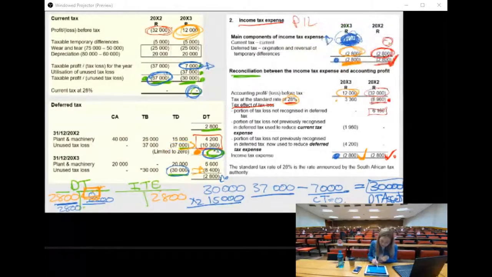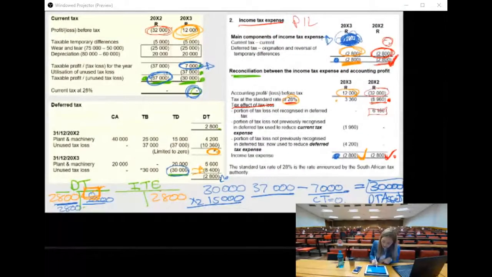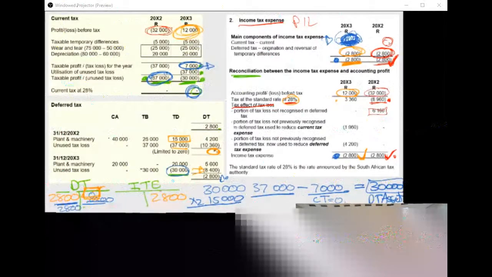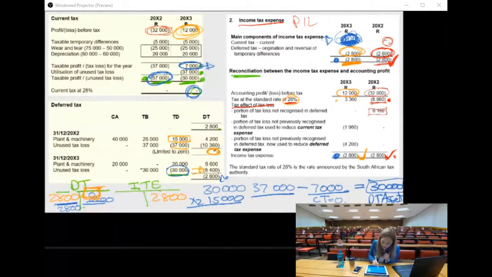If we look at what happened in X2, you see that in order to get to this closing balance of zero for my deferred tax asset, we had taxable temporary differences of 15,000. So we couldn't recognize the full 37,000, we actually only recognized 15,000 in order to get to the zero closing balance.